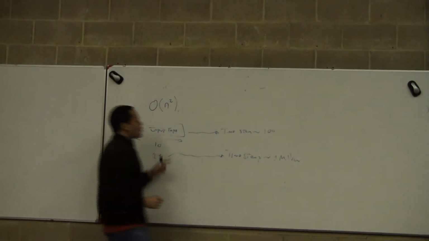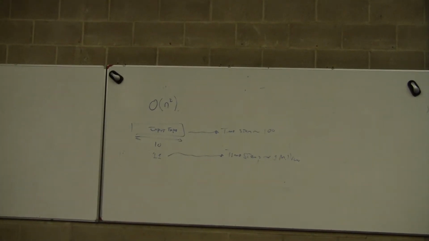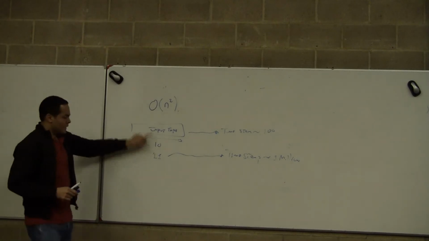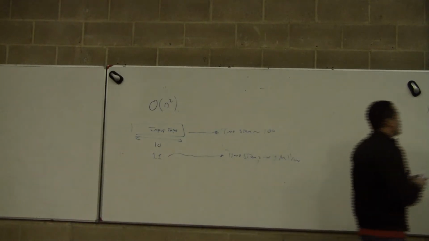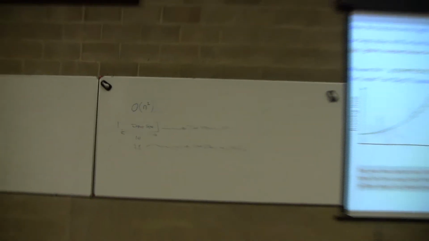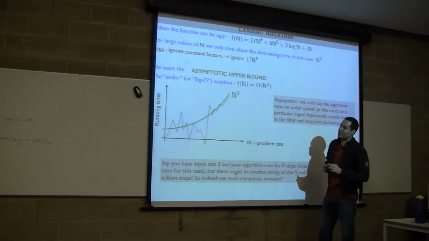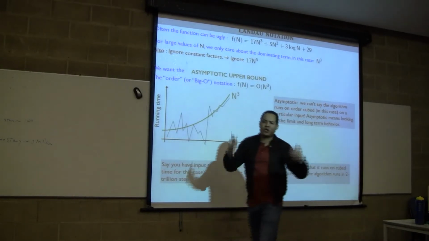And this is no longer order n cubed. So this is what you don't want. It's a measure that does not apply to a single input, but is an asymptotic value, trying to understand what happens to your measurements for large n. So this is the big O notation.